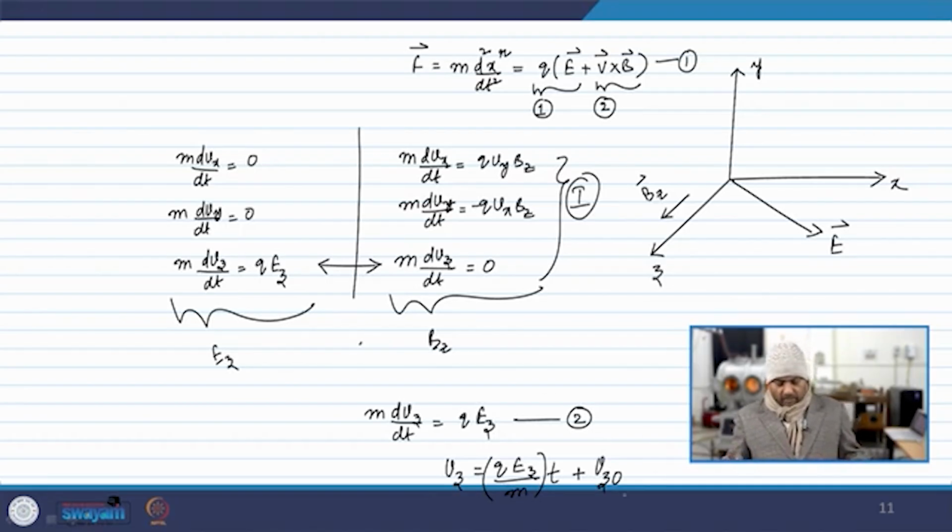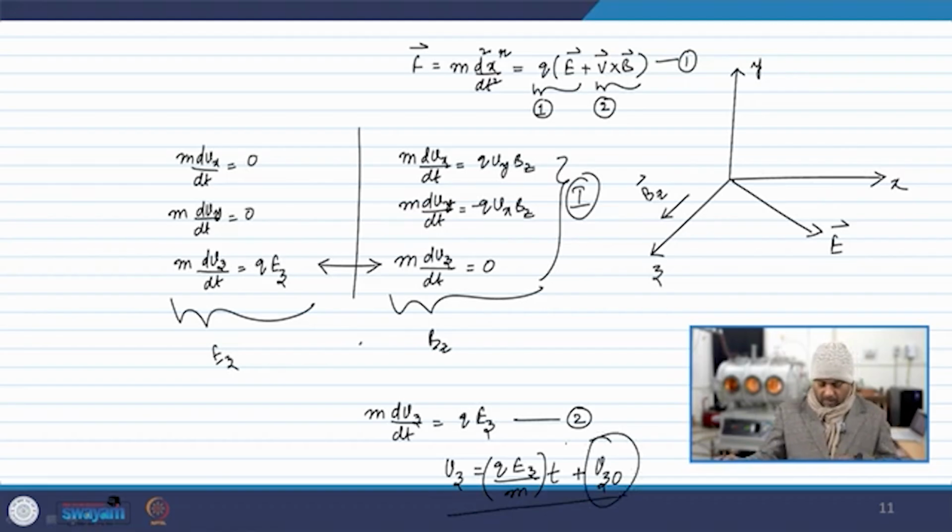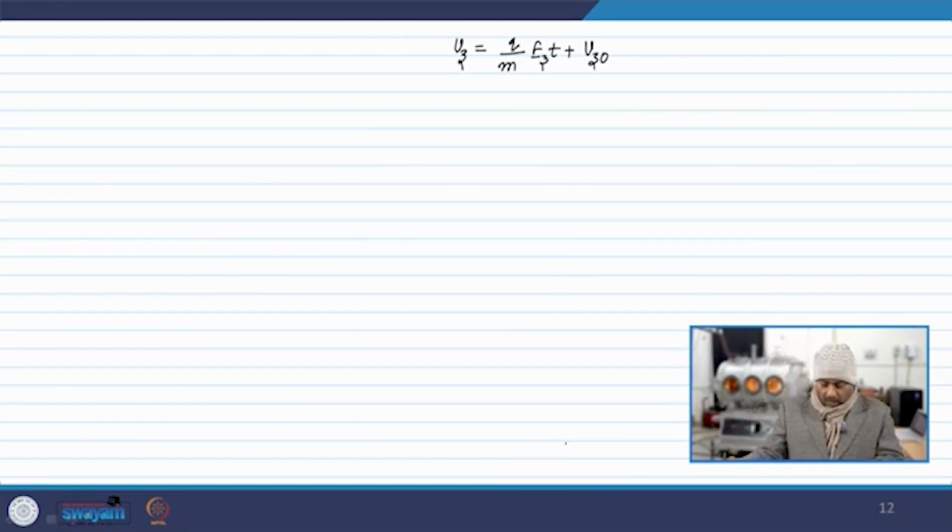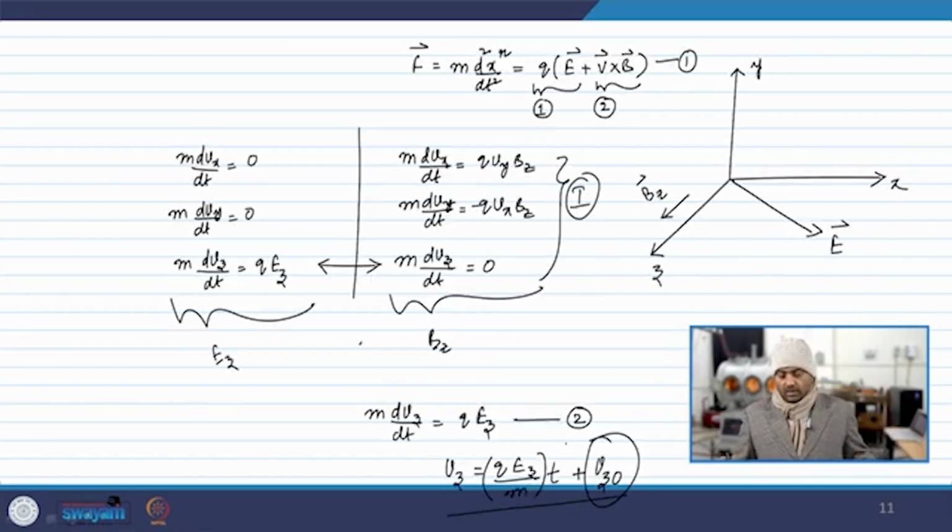The z direction of the electric field will accelerate the particle along the z direction, but it will be uninfluenced by the magnetic field which is along the same direction, right. This is what it is. So, this is the constant velocity. But when you look at the x direction of the electric field, you resolve this E to have a component Ex.